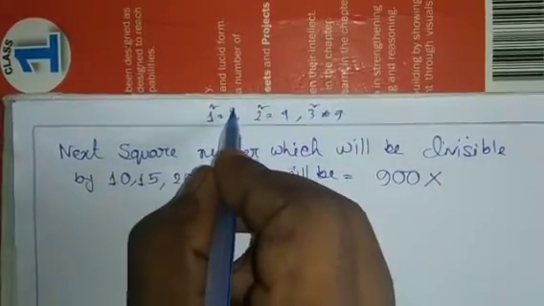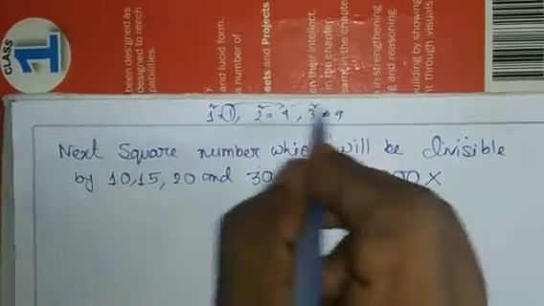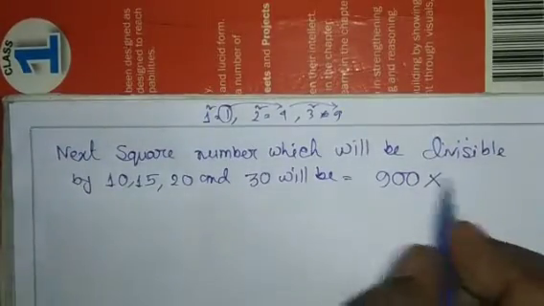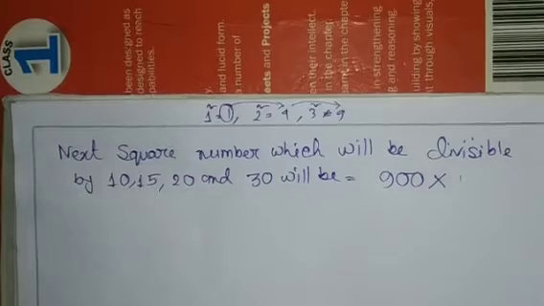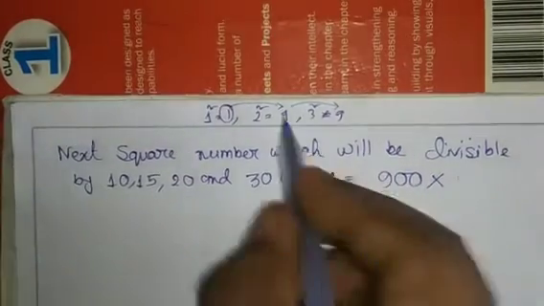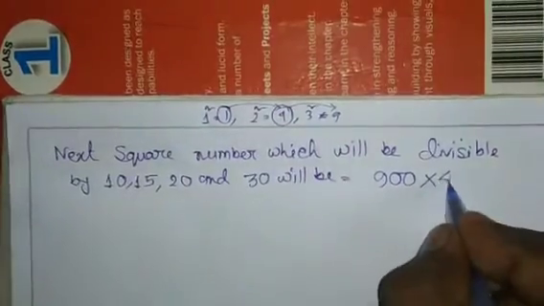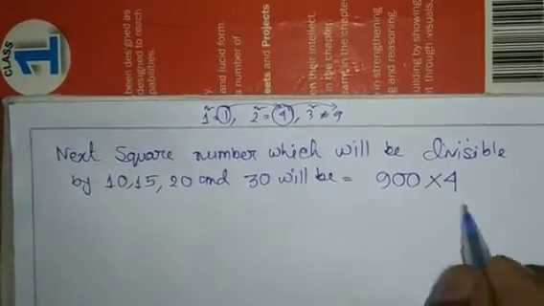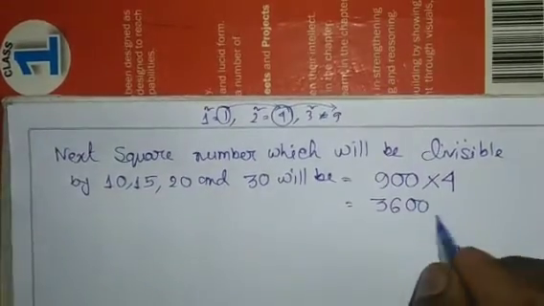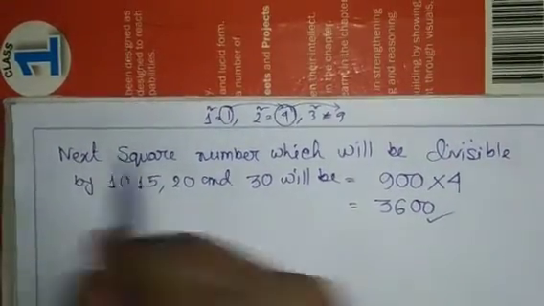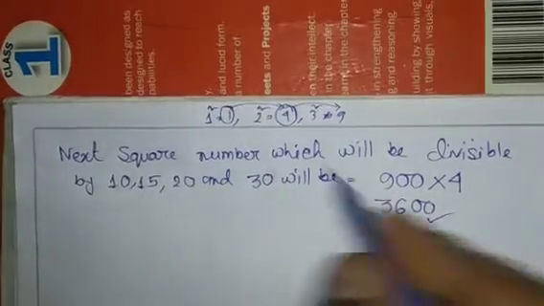So we multiply by 1, then 4, then 9. Now look, if I multiply this with 1, it will be the same answer. That means no other result will be given. That means we need to multiply it with the next square number, which is 4. I hope you get it. So 4 nines are 36 and 00 from here. So 3600 is the next square number which will be divisible by these numbers.